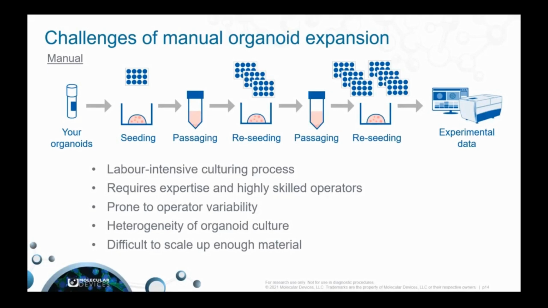It would typically involve creating a lot of gel matrix domes in many wells across many plates. This manual process can be quite time consuming and requires highly trained staff. Even then it can be quite prone to variability, which can lead to inconsistencies in organoid size or morphology, and ultimately mean that the process is very challenging and quite a big investment.